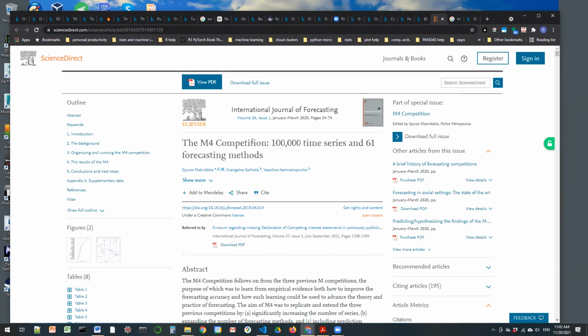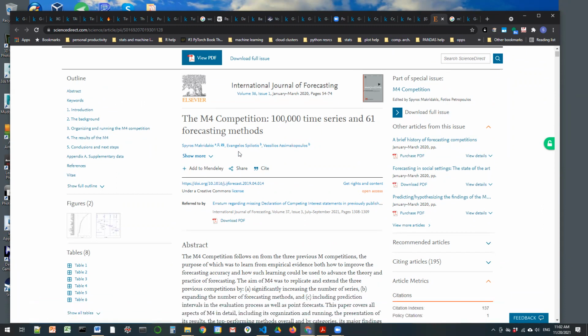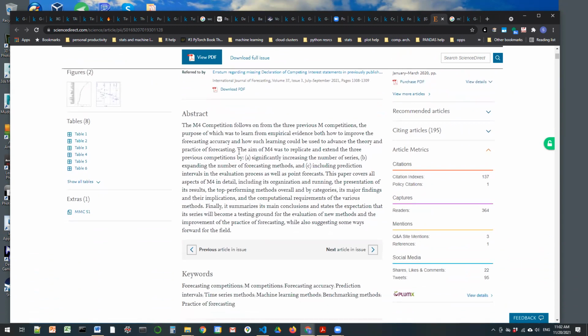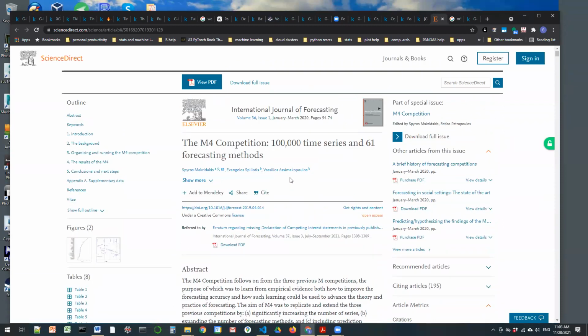As you can see, they run 100,000 time series and 61 different forecasting methods, and they talk about all the different ways in which they compare and contrast these things. And everything is dedicated just to forecasting.